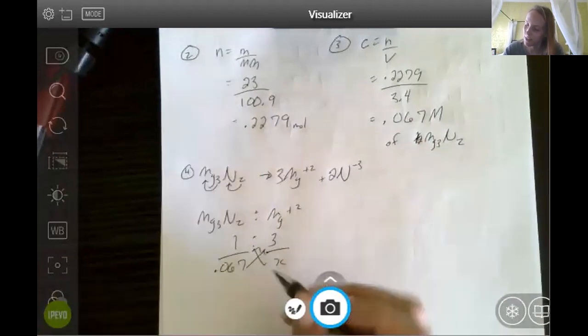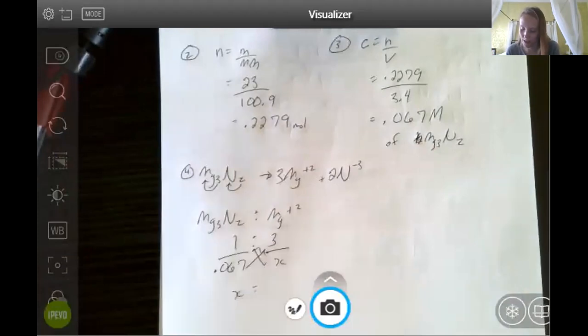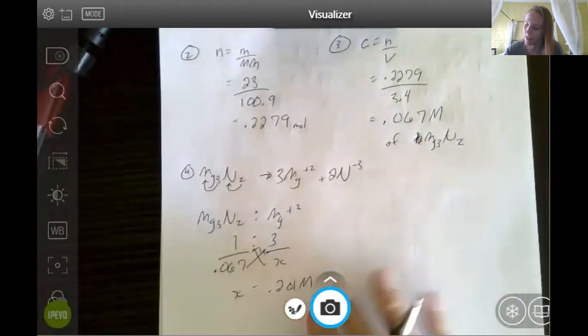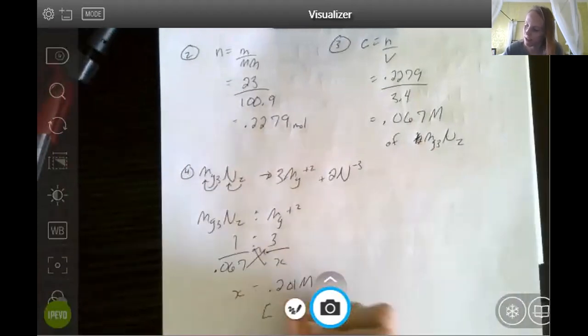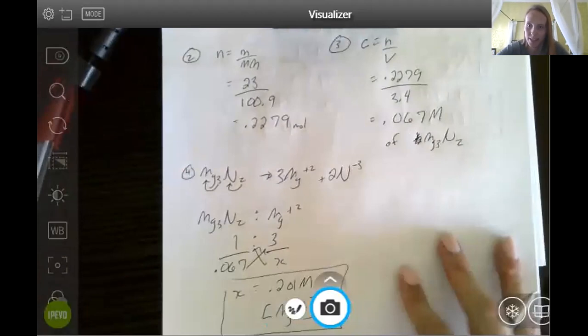So X times 1 is X, and 0.067 times 3 is 0.201 molar. That is of my magnesium. Put that in the box so you know that it's an answer.